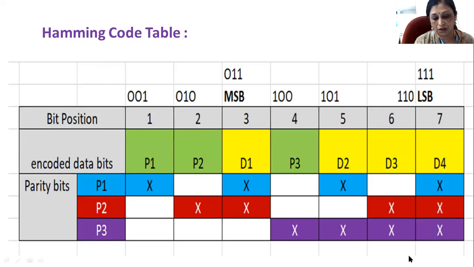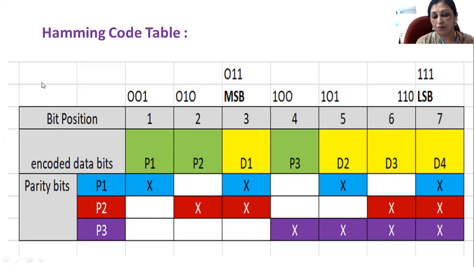On the screen, you can observe the Hamming code table is constructed. Now students, here you can observe in the table, I have written the bit position and encoded data bits are written here and parity bits are written over here as P1, P2 and P3.